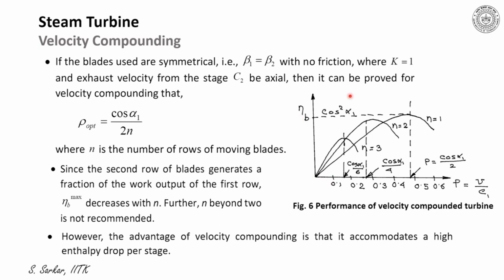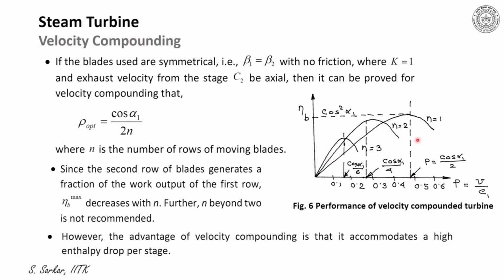Now I have superimposed here the blade efficiency when n is equal to 1, and 1 means a simple impulse turbine, n equal to 2 and n equal to 3. What has been observed is that with increase of n, the optimum blade speed decreases, whereas the efficiency also decreases.